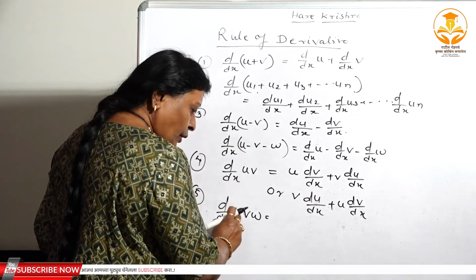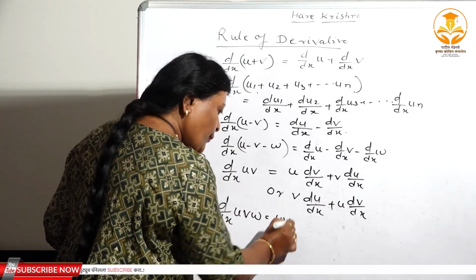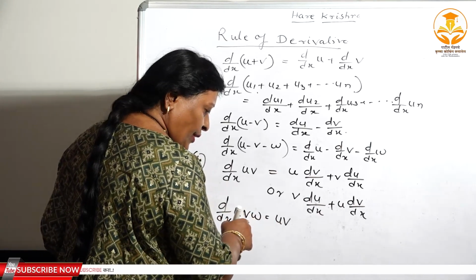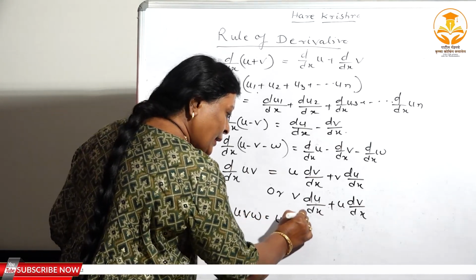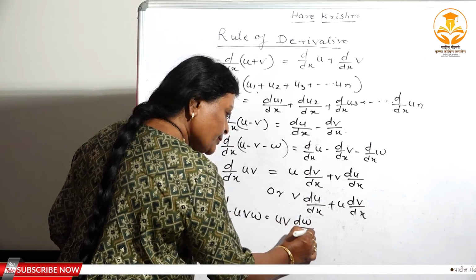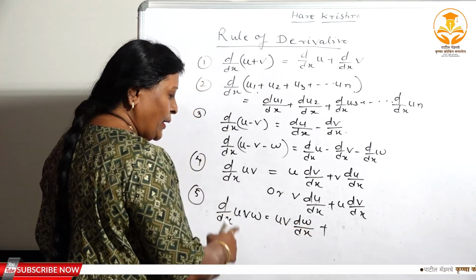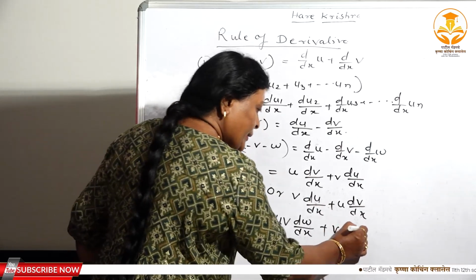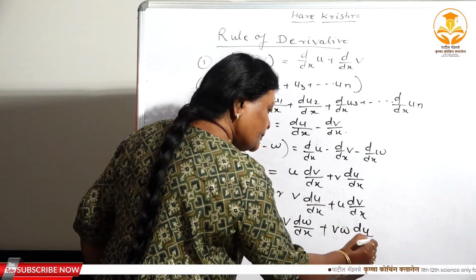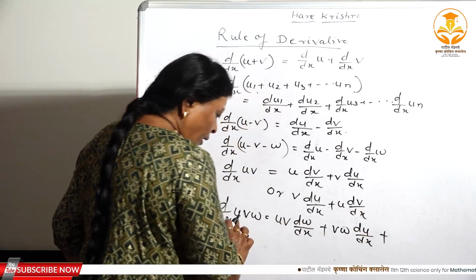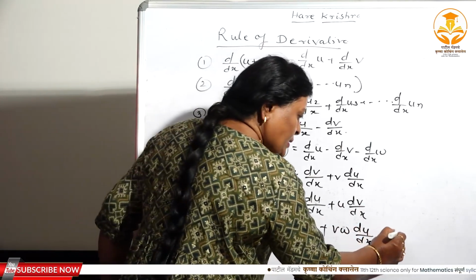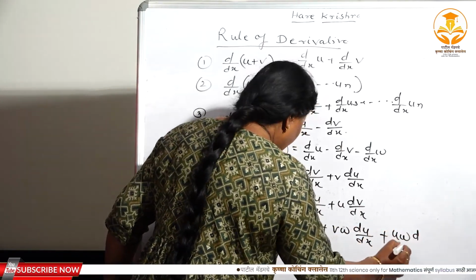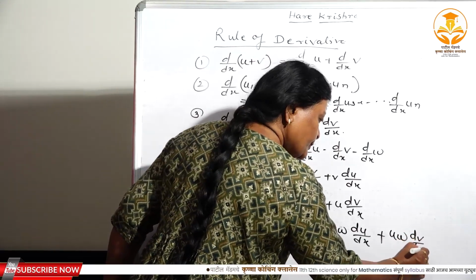Therefore first two functions, uv constant, remain as it is, take the derivative of w plus, you have to give the plus sign. Again vw remain as it is, take the derivative of u. Again plus uw remain as it is, take the derivative of v, right?